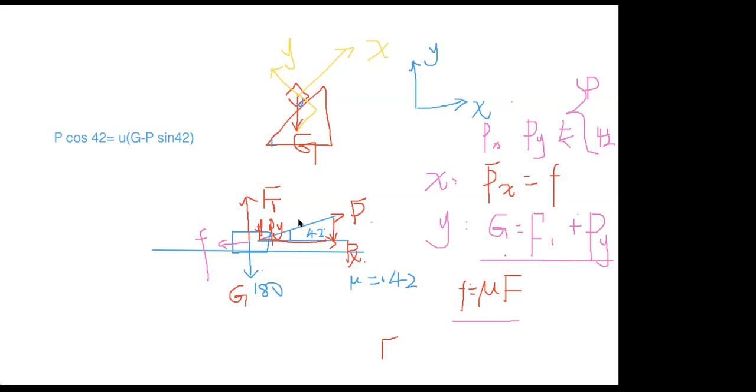Minimum means, let's say if it's 42 degrees or it's 90 degrees, if the angle changes, then the px and py will change.